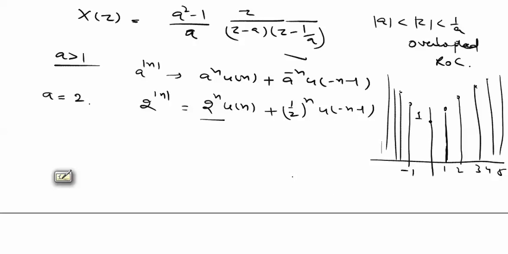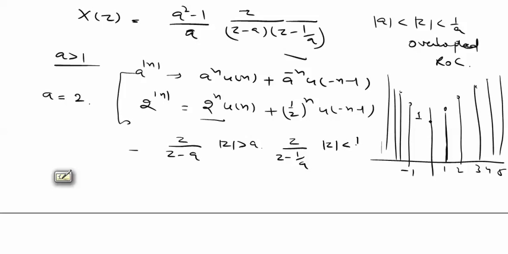Complete diagram. By taking the Z transform, z upon z minus a, ROC is greater than a, and z upon z minus 1 upon a, ROC is less than 1 upon a, with negative sign.